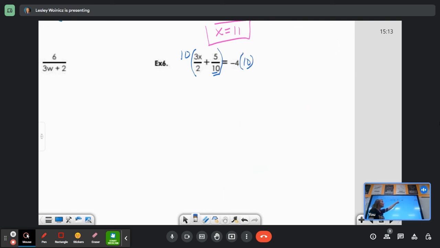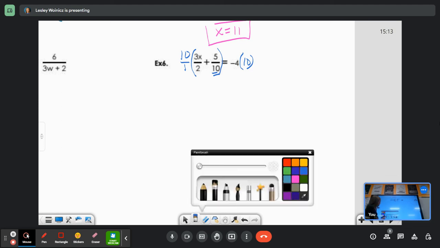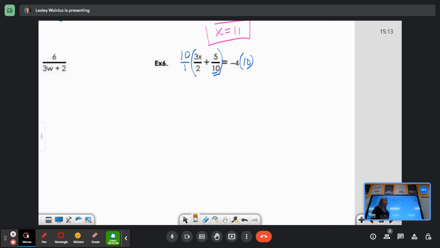What is hiding under this 10 that we can't see but we know is there? Remember that when we multiply fractions, we have to stay in our lanes. We do numerators with numerators and denominators with denominators. So we do 10 times 3x, 30x.